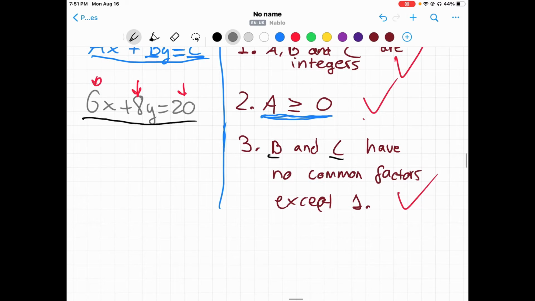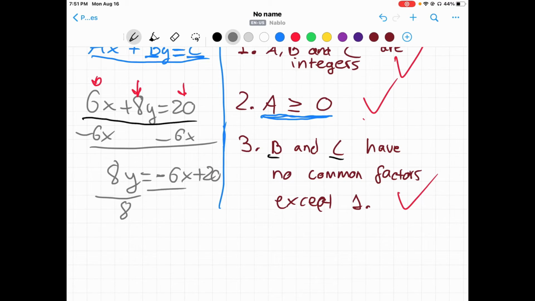So I'm going to subtract 6x from both sides, and we would get 8y equals negative 6x plus 20. Now we're going to divide both sides by 8 and get that y, since these cancel out, equals negative 6 over 8x plus 20 over 8.